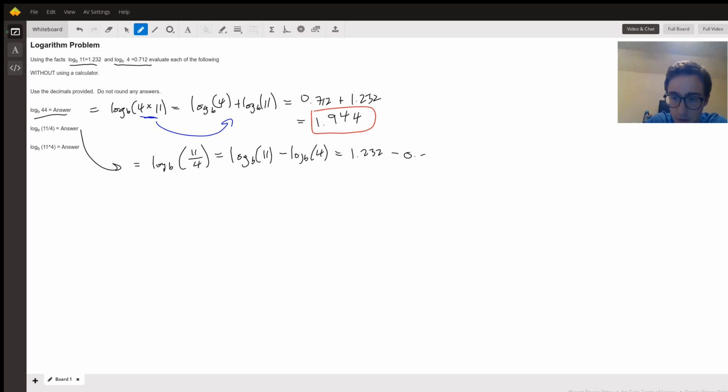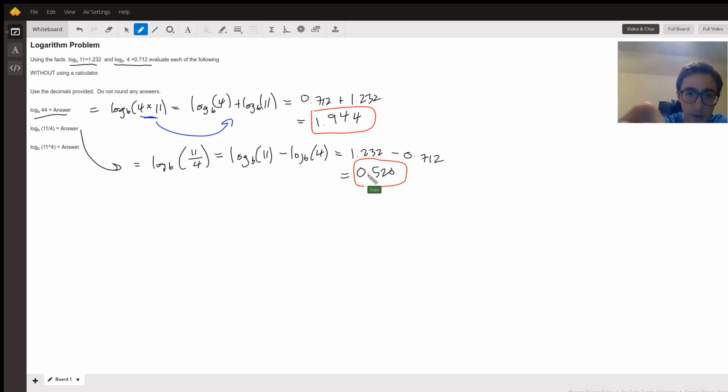I'm just going to calculate that real quick. 1.232 minus 0.712. The answer I get for that is 0.520. So there's your answer for that section.